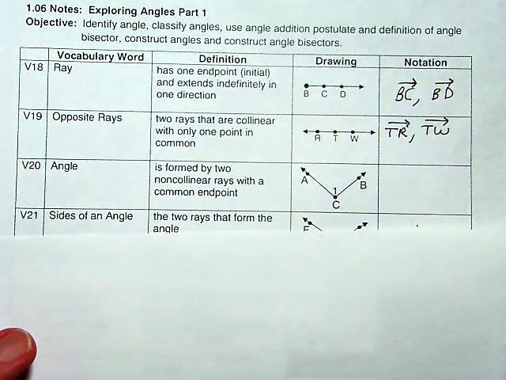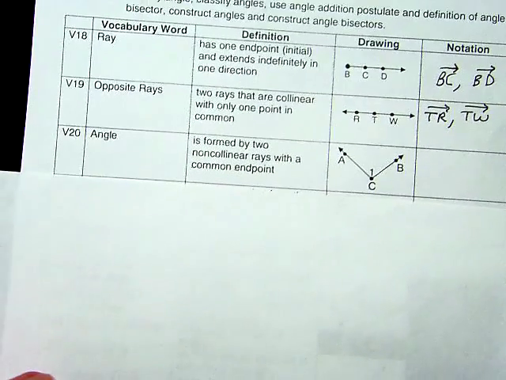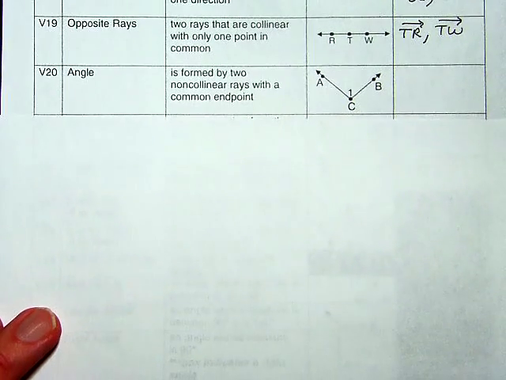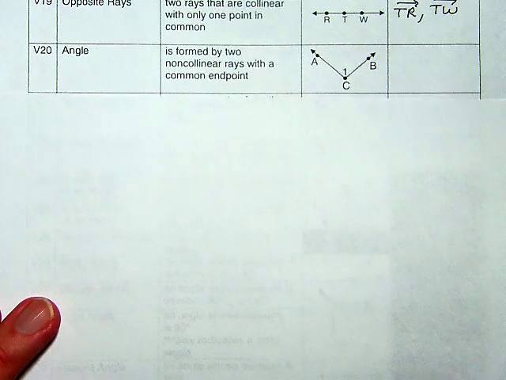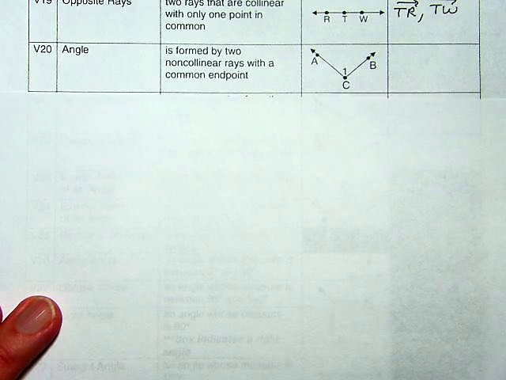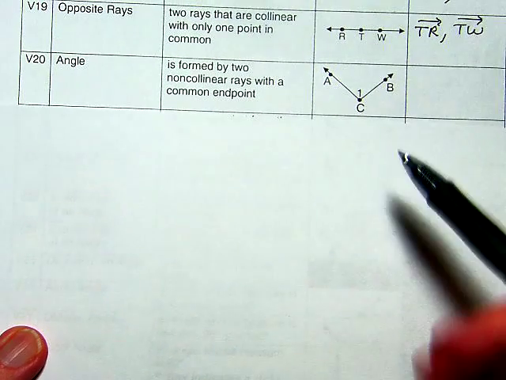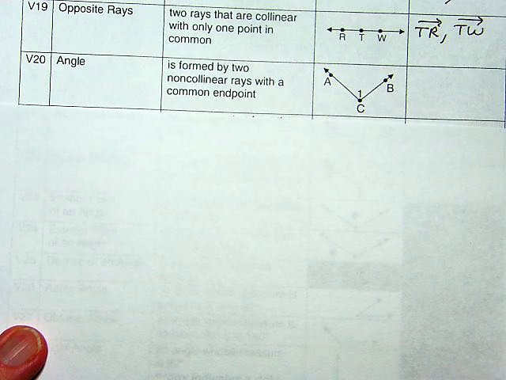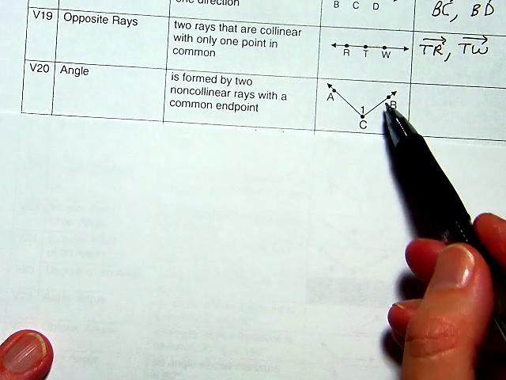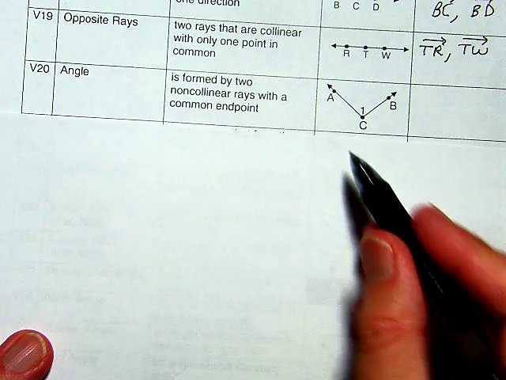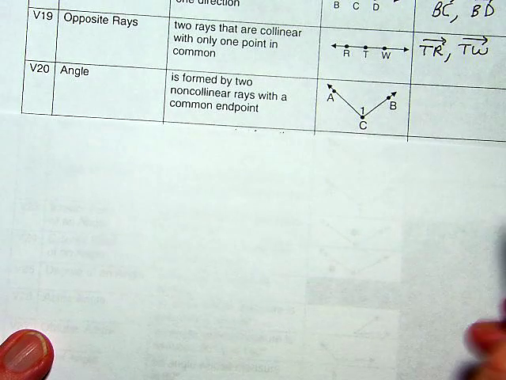We're going to be meeting angles today. Angles. An angle is what is formed by two non-collinear rays with a common endpoint. So let's take a look at this diagram here. What we see here is two rays with a common endpoint, but they are non-collinear.